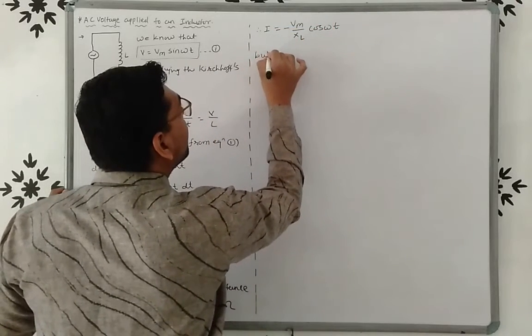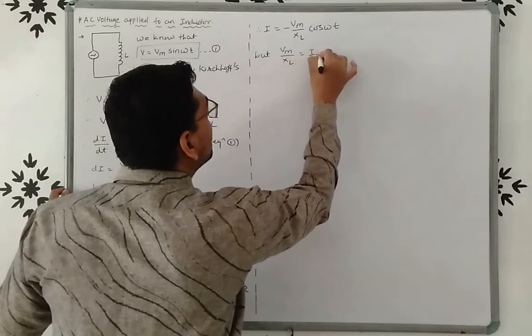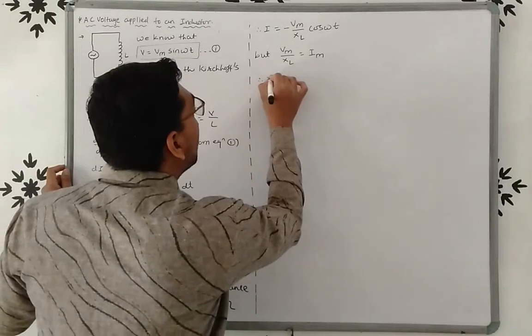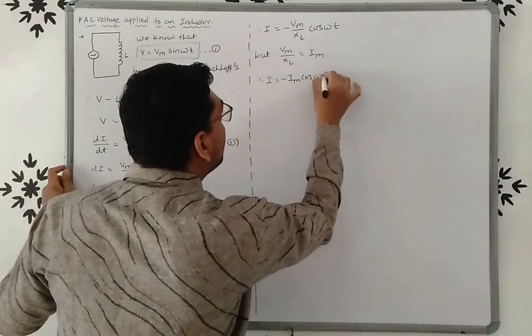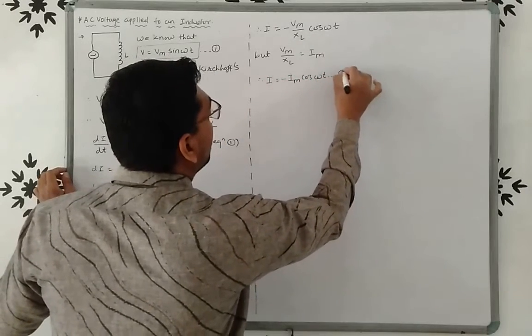But Vm upon XL is equal to current Im, right? So I is equal to minus Im cos omega t, that is equation number 2.